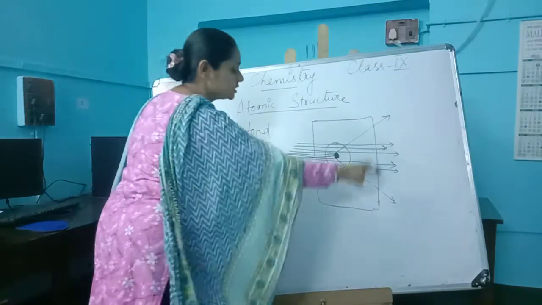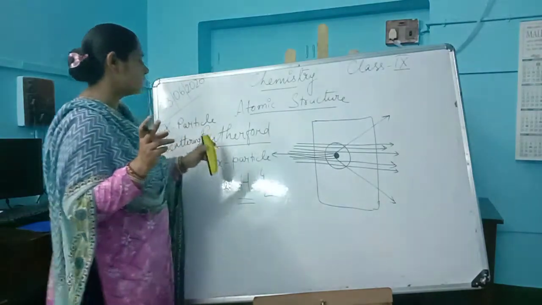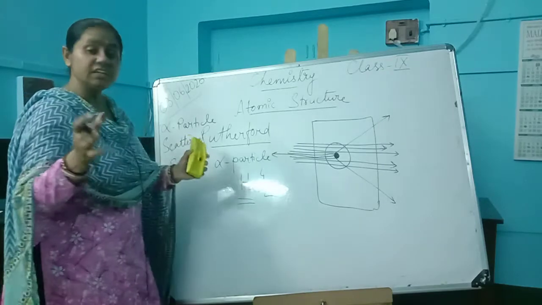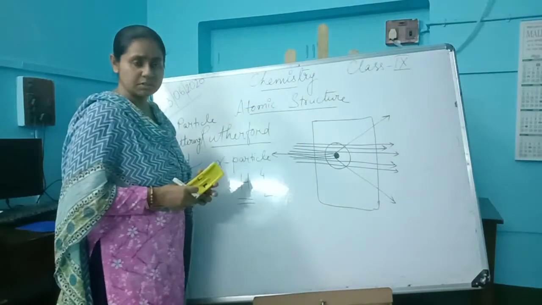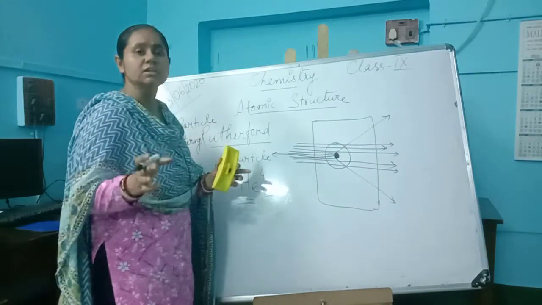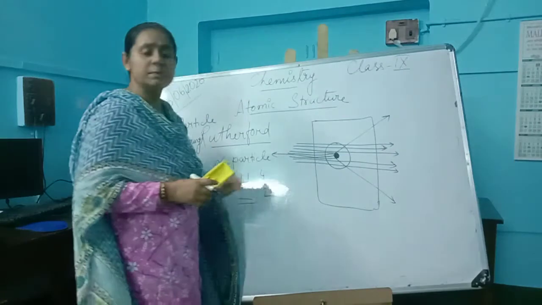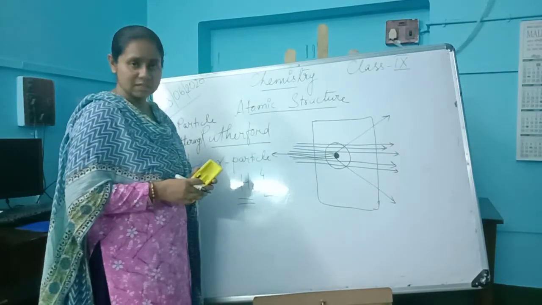So this was the idea of the experiment which was given by Rutherford. Now what happened? We need to conclude the findings of the experiment, as to what has taken place inside this gold foil or inside the gold nuclei, isn't it?